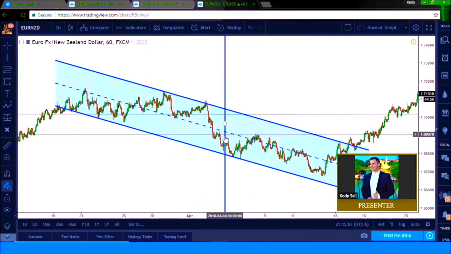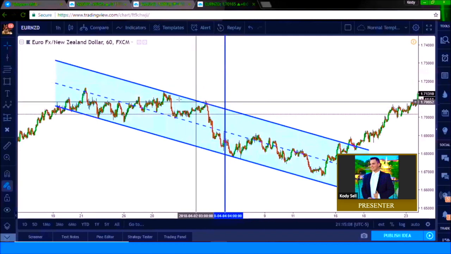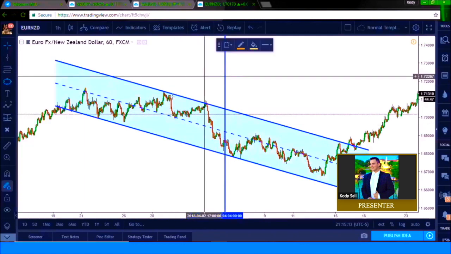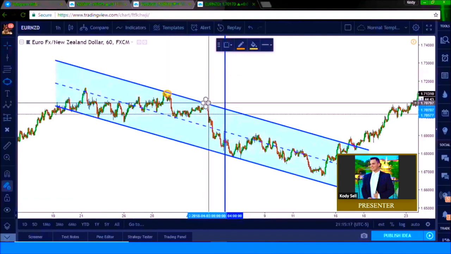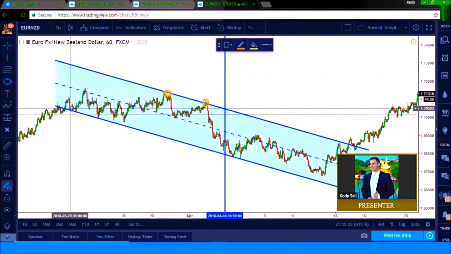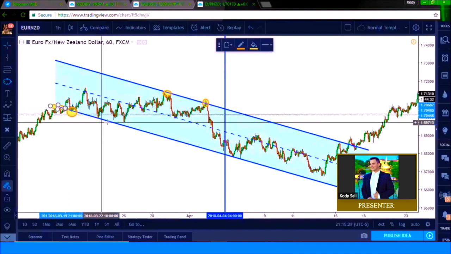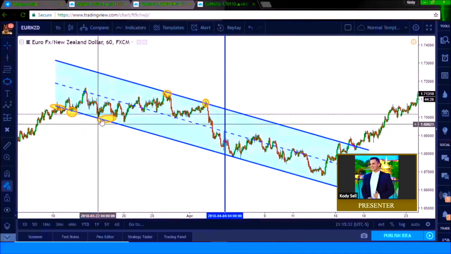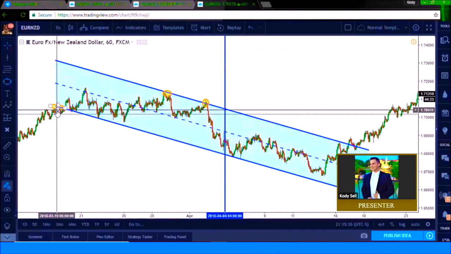So let's say we are here at this vertical line and we're able to identify this price channel using these two touches here and then this guy, and then to get our slope we check down here at these previous interactions and we identify that this is the best channel for the current price move, okay? So get rid of these. I just want to show you what I'm looking at.